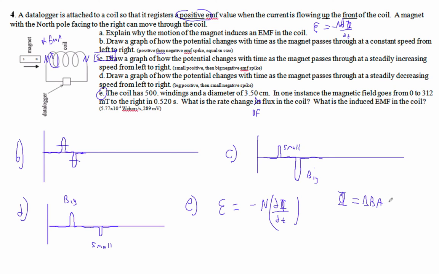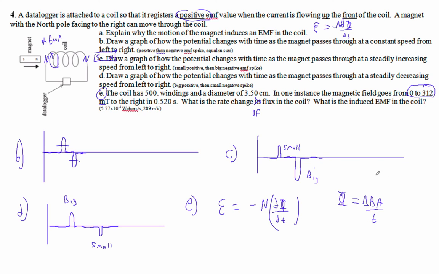And presumably the angle is 0 degrees, so the cosine doesn't factor in, divided by time. The change in magnetic field will be positive 312 milliteslas, which is of course times 10 to the minus third.